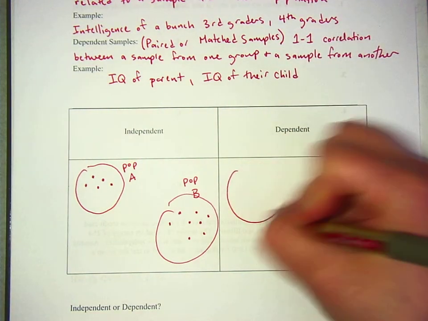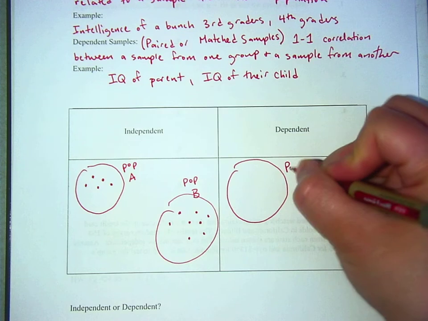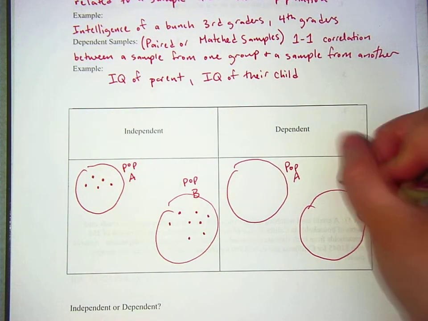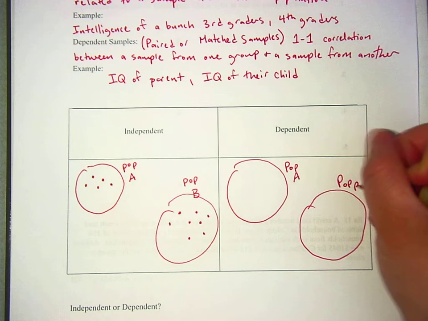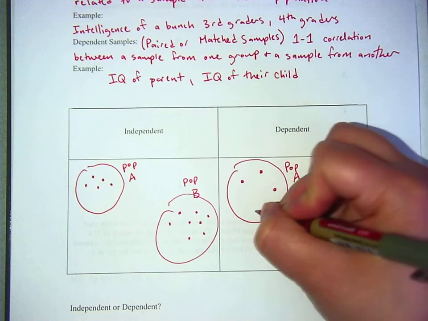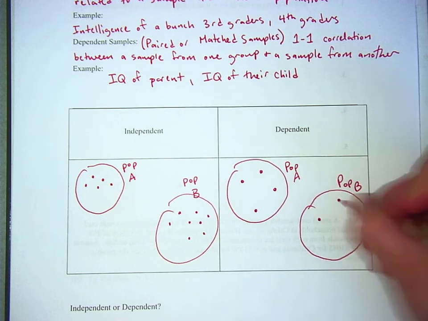Dependent samples, however, they have to have the exact same amount of samples in them.